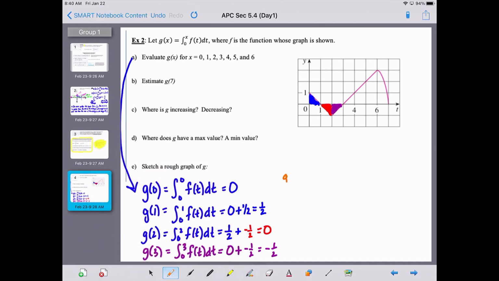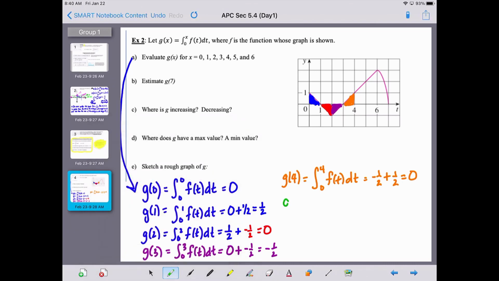Next we look at g of 4, and g of 4 is going to be equal to the integral from 0 to 4 of f of t dt, which is going to be the integral from 0 to 3, which was negative 1/2, plus the area that we get when we go from 3 to 4, which is a positive 1/2, so that takes us back to a value of 0.